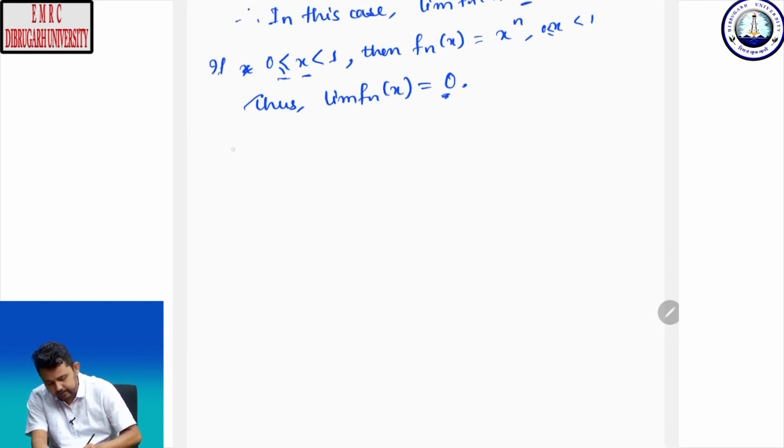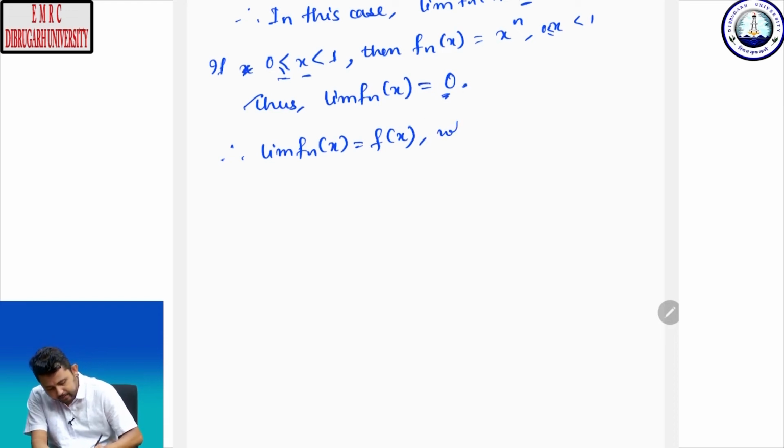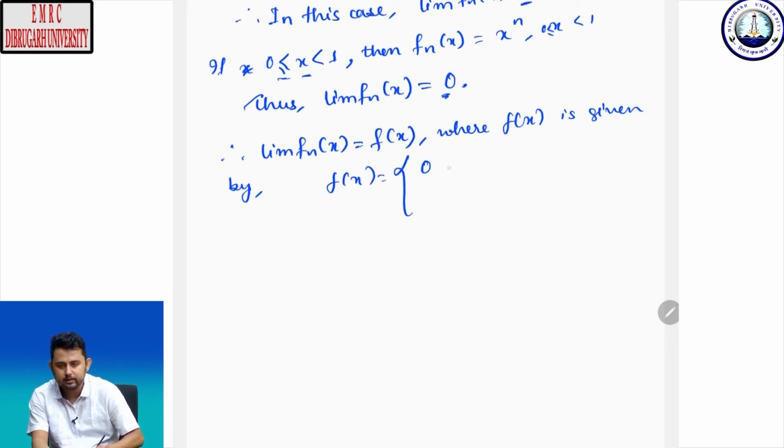The sequence of functions has a pointwise limit, say f x, where f of x is given by 0 if x lies between 0 and 1, and 1 if x equal to 1.